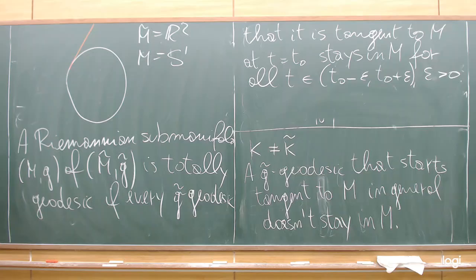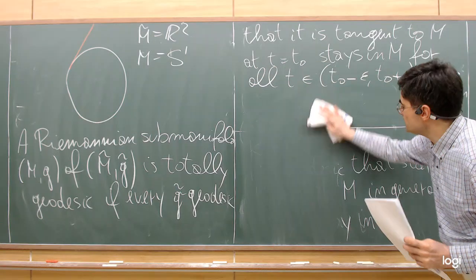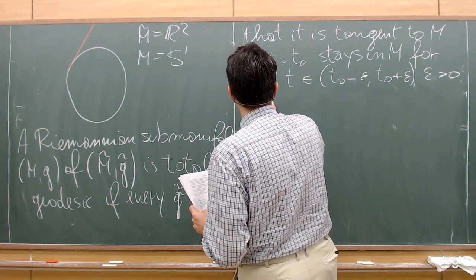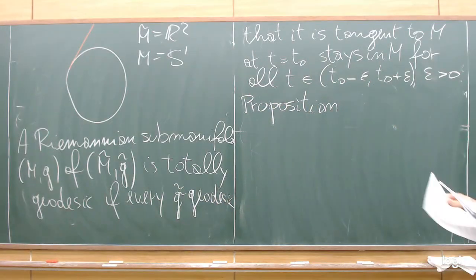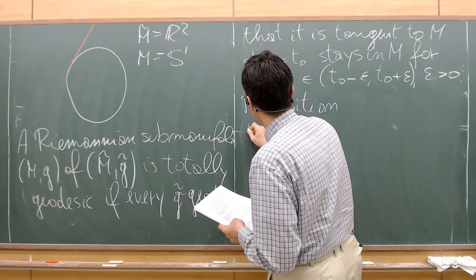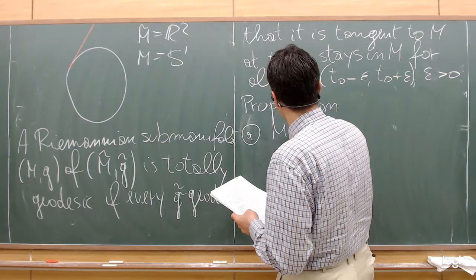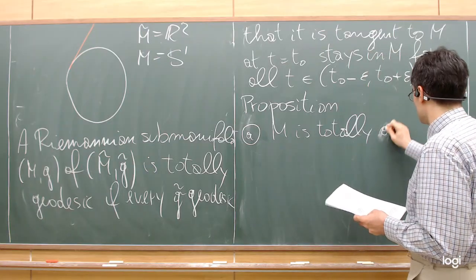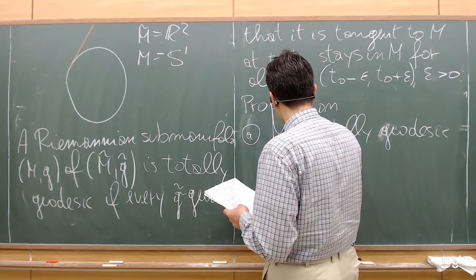What I want to prove is the following proposition, which says that the following statements are equivalent. A: M is totally geodesic in M tilde.